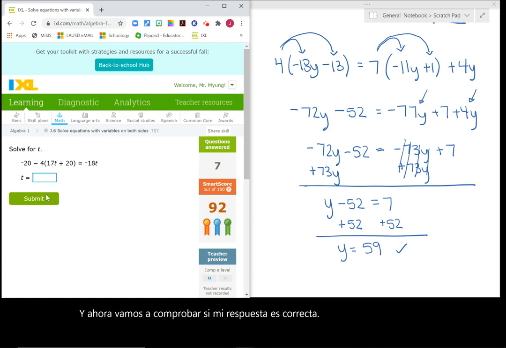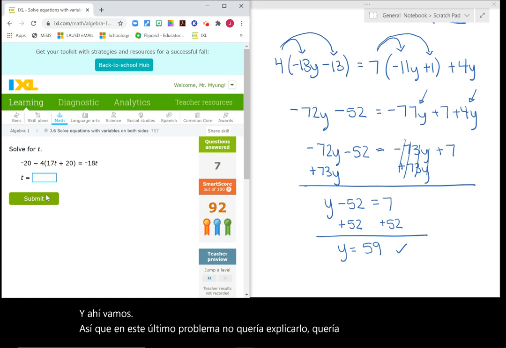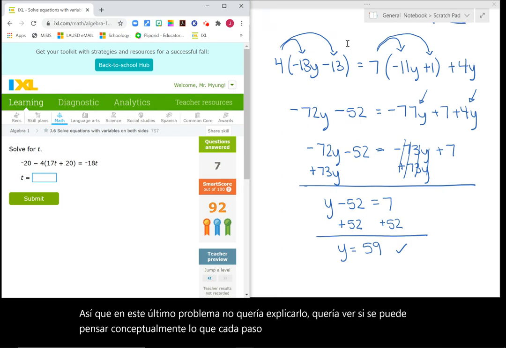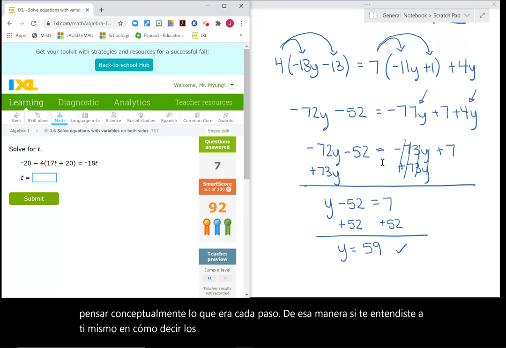And there we go. So in this last problem, I didn't want to explain it. I wanted to see if you can think conceptually of what each step was. That way, if you understood yourself on how to say the steps that I was doing, then I think you should be in good hands and you can trust yourself doing these assignments.